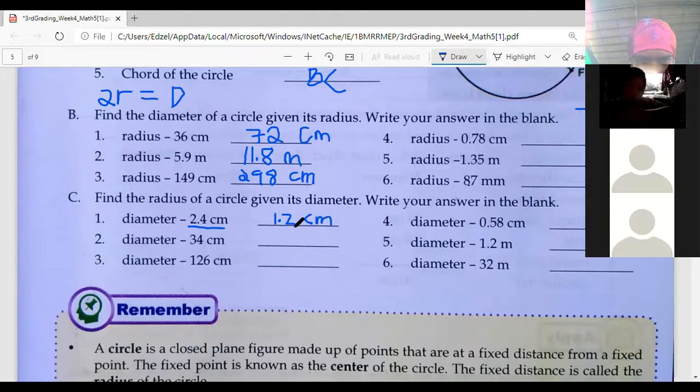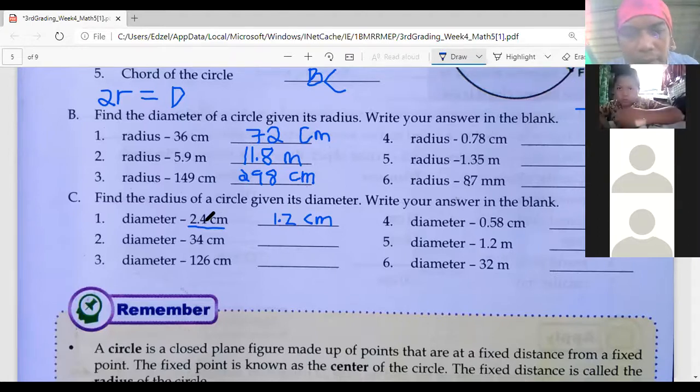For example, ang radius is 1.2, pila ang diameter? 2.4. Yan. Baliktaran na sila. Kani, ang diameter is 34.